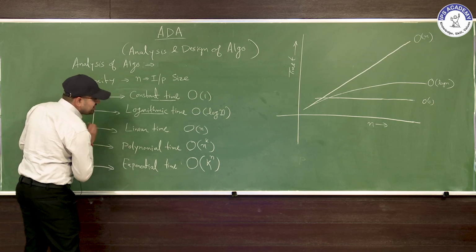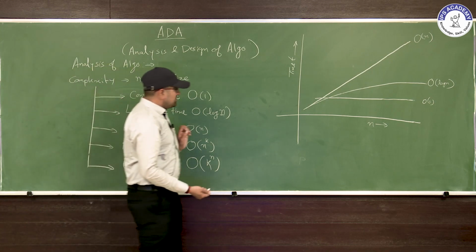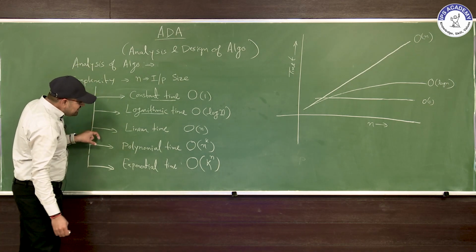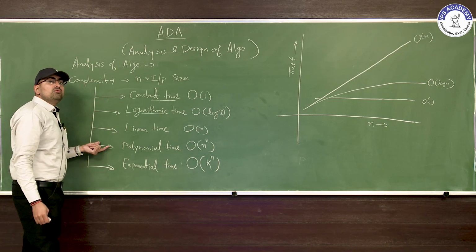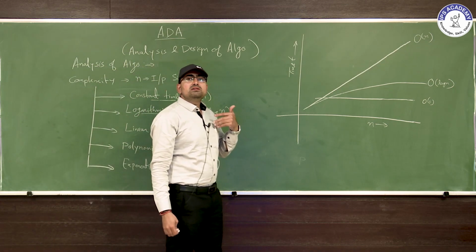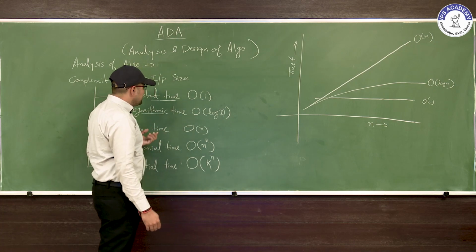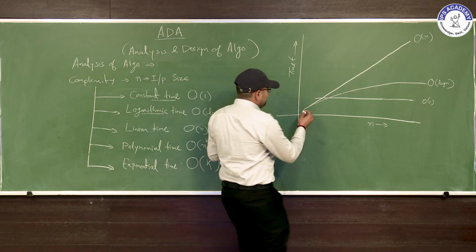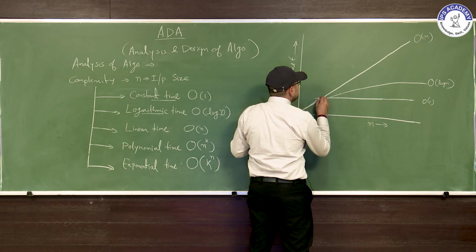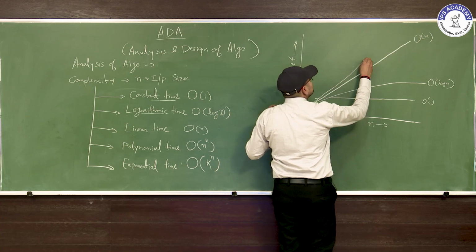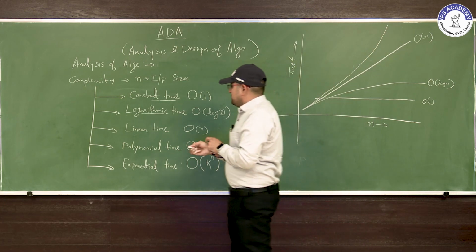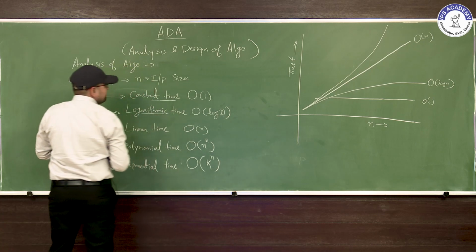Then polynomial time complexity. The curve would look like a parabola. That means a slight change would have a large impact on the time, right? So if we increase the number of inputs, then the time would increase more than the input increase, right?